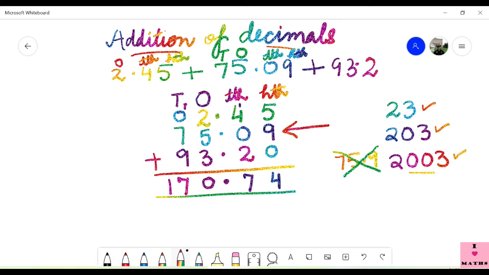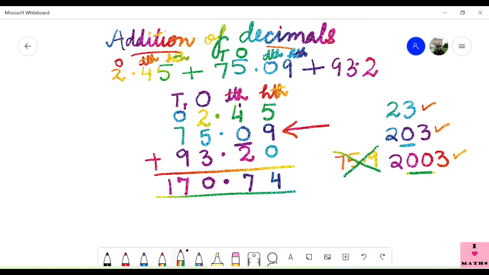We don't ignore the zeros which are lying in between the non-zero digits. So, same way, we cannot ignore this 0.